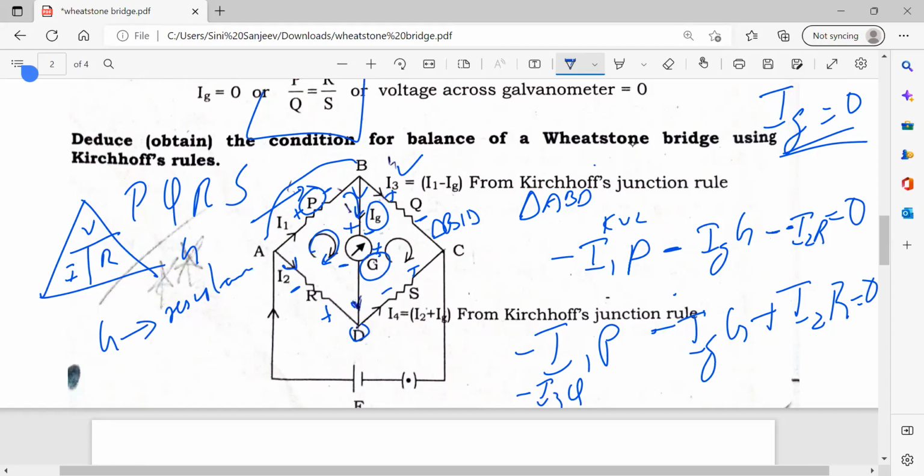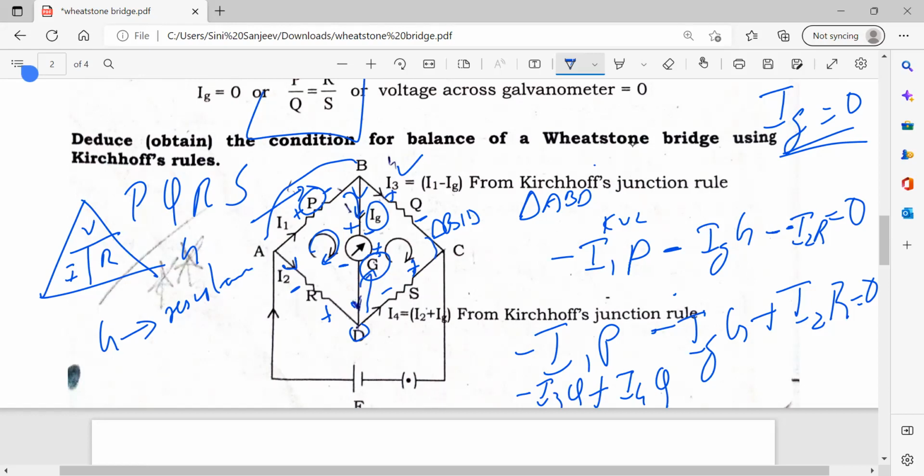Then along CD it is plus and minus, but current I4 is in the opposite direction, so plus I4Q. Then we'll go to the top.